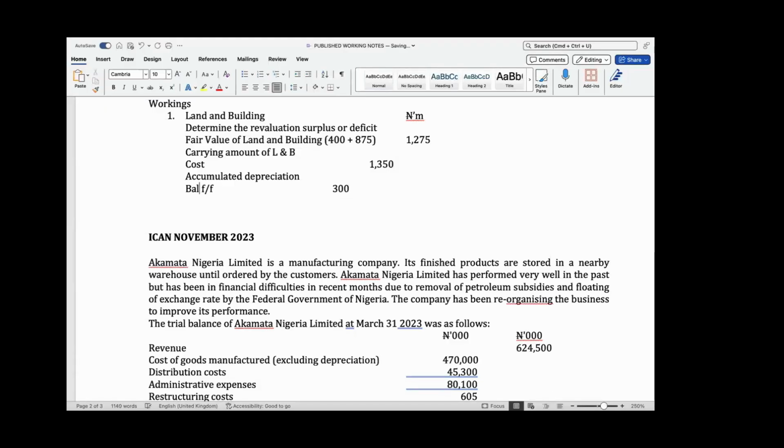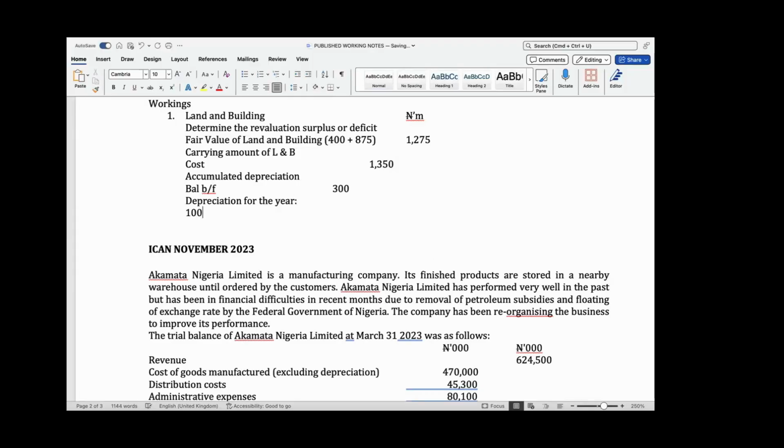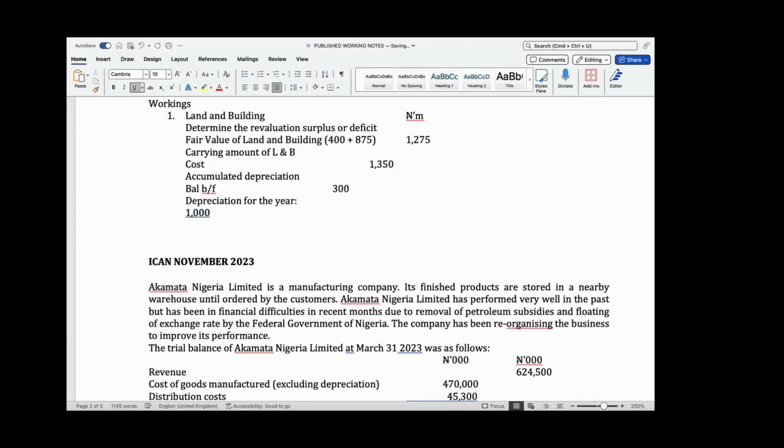Then I can do my depreciation charge for the year, which is the cost of the building, which is one billion, divided by the useful life of the building.